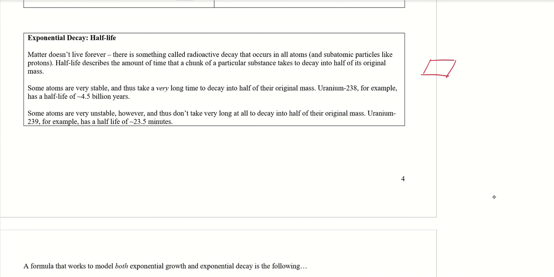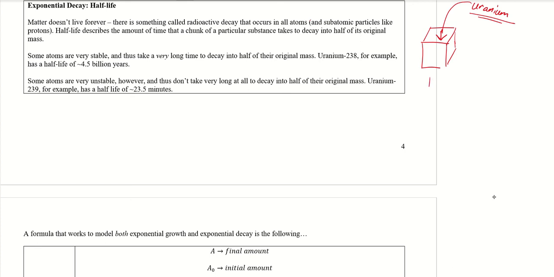Let's say you have just some sort of cube of some substance, and this substance is, I don't know, something that is radioactive, some sort of isotope of uranium that is radioactive. I can't remember which ones are the most radioactive, but let's say this is a very highly radioactive isotope of uranium. And let's say it is initially 1 kilogram in mass. Eventually, if you just leave this block of uranium alone, it will shrink because it is decaying, right?